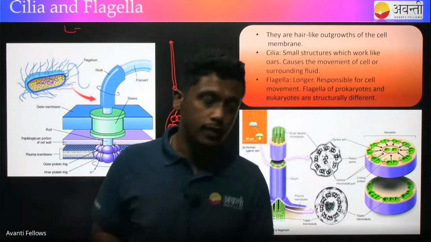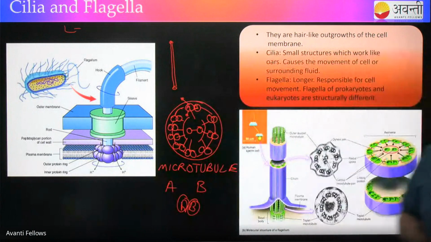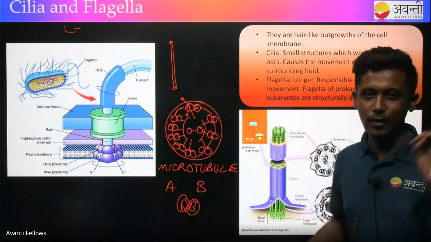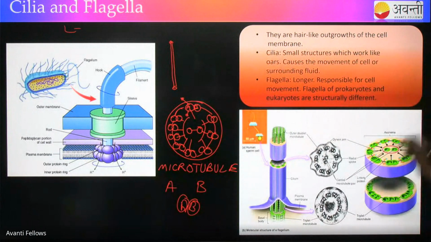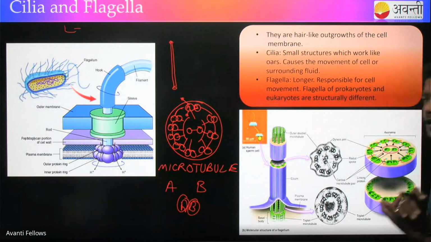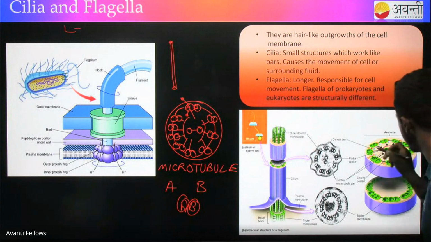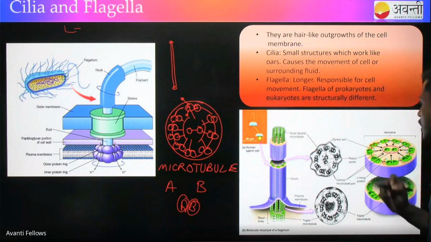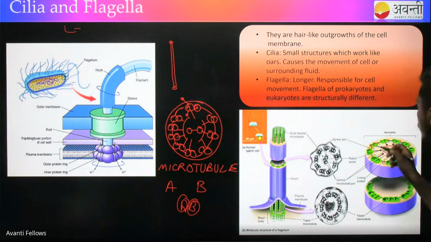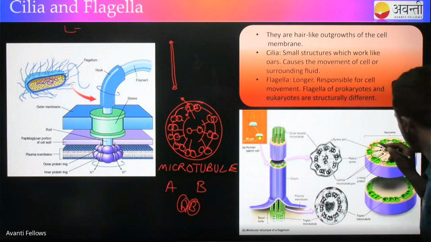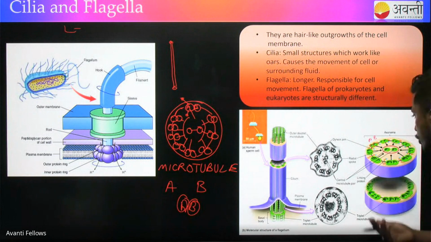Now look here, students. My diagram is very sloppy, but here you can understand. What did I tell you? When you take a cross section of the flagella, you can find microtubule doublets. Let's call them A microtubule and B microtubule.